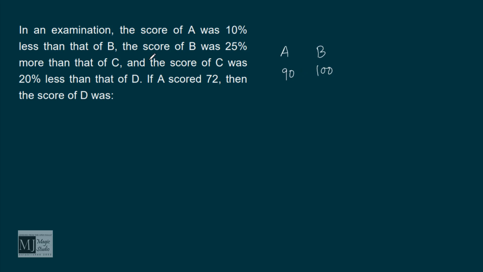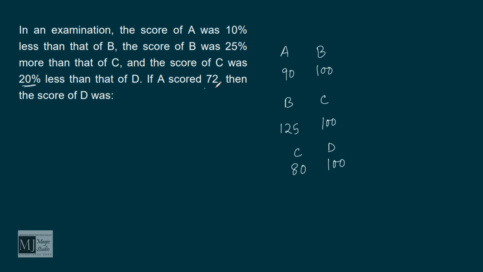The score of B was 25% more than C. So let me take C as 100, then B should be 125. And the score of C was 20% less than D. So if D is 100, C should be 80.